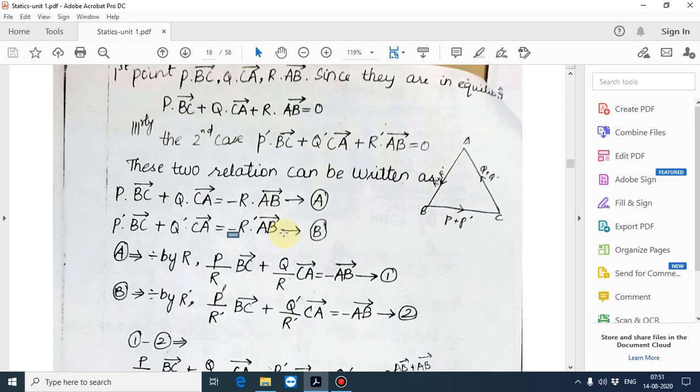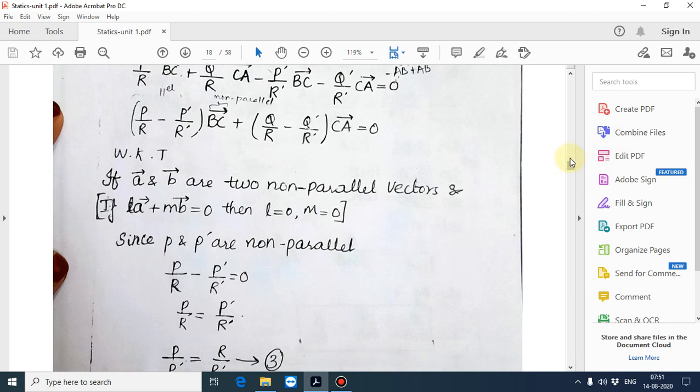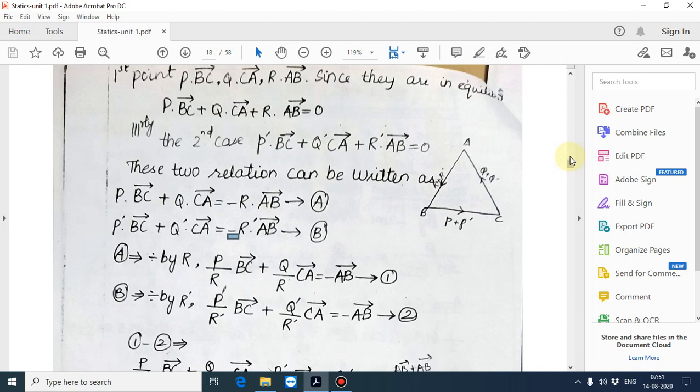Next, what you have to do is equation 1 minus equation 2. So what will you get? Equation 1 minus 2 means P by R BC plus Q by R CA minus P dash by R dash BC minus Q dash by R dash CA.